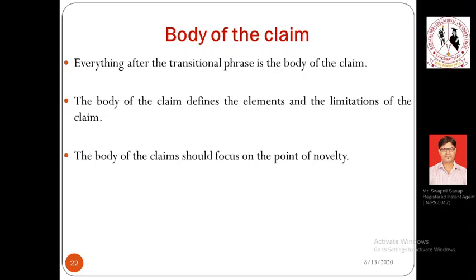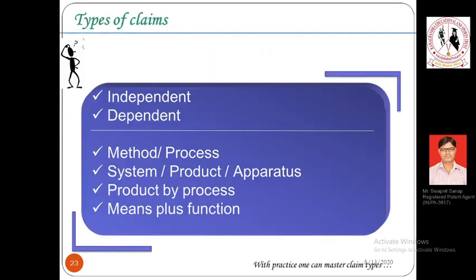The body of the claim should focus on the points of novelty. You don't have to write everything in an elaborative manner. You have to write it from the specific perspective of the novelty of the invention, and if your invention has specific points of novelty, they need to be clearly discussed here in the body of the claim.